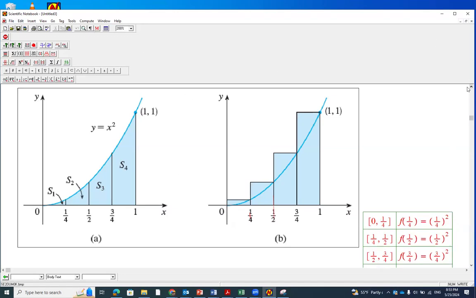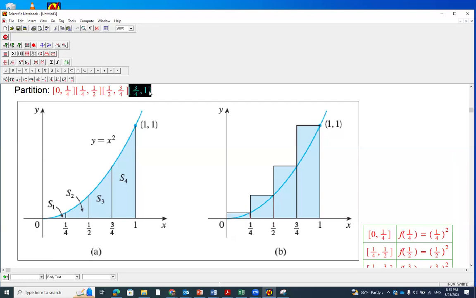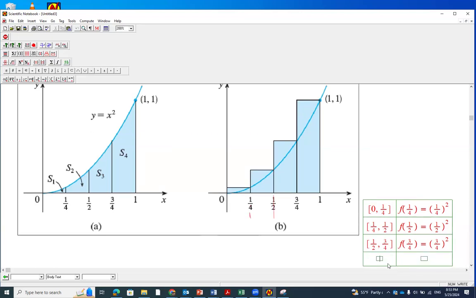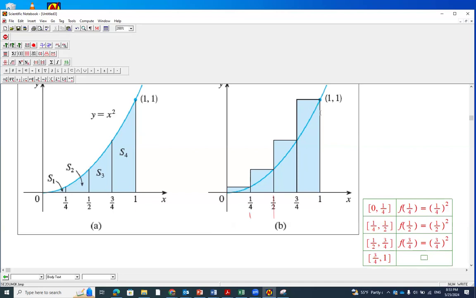And the last one of these is from 3/4 to 1. That rectangle, which is the fourth rectangle, S4, is approximated by the rectangle with height equal to 1, because that's the right endpoint, and that equals 1 squared.